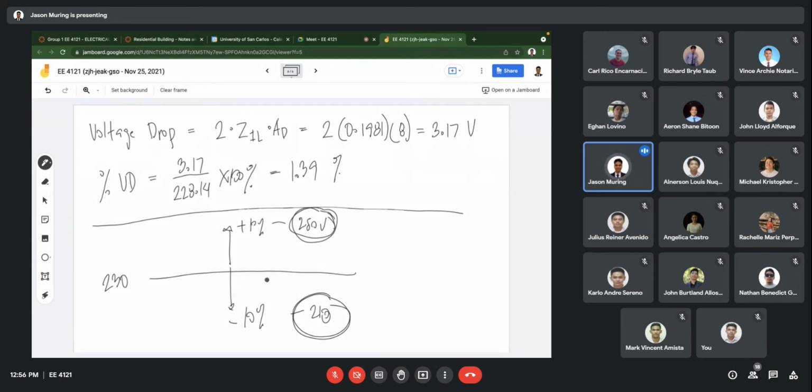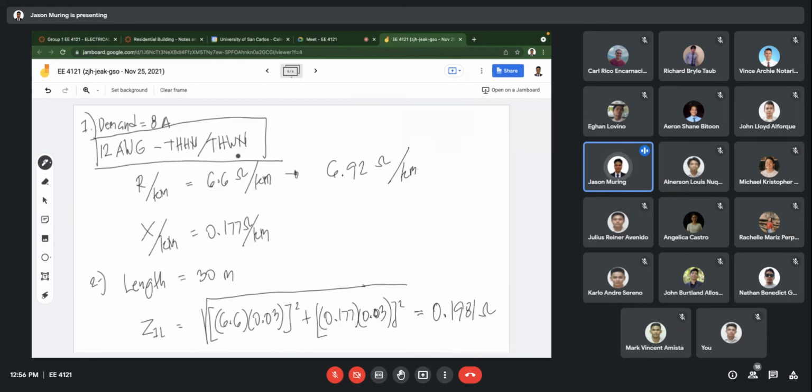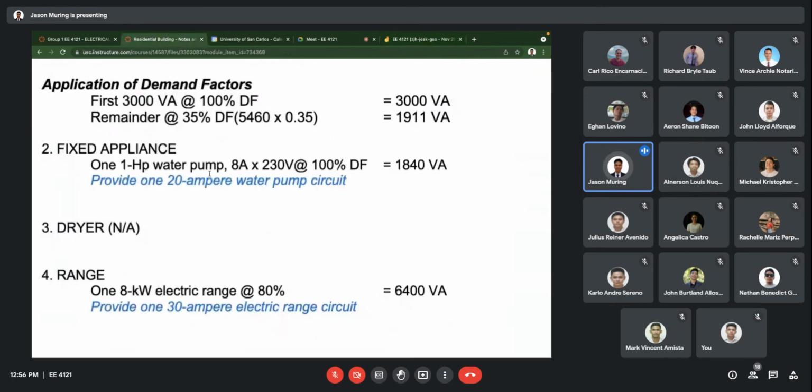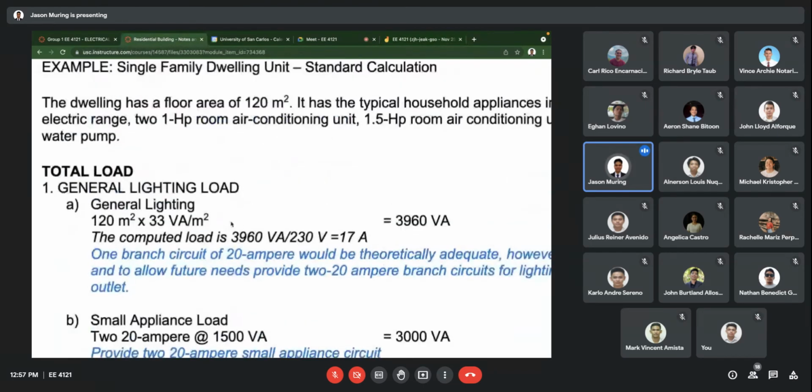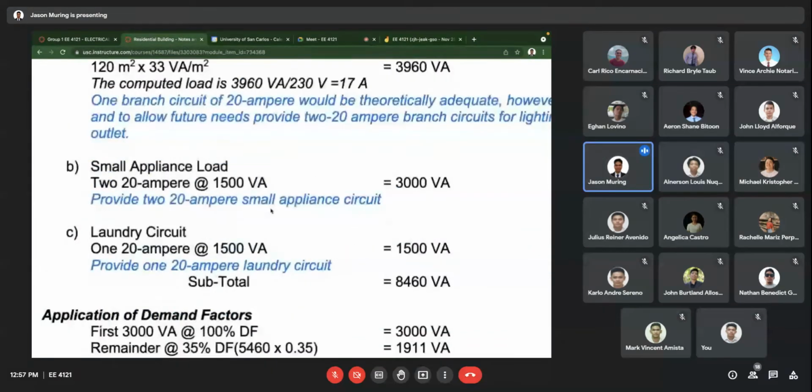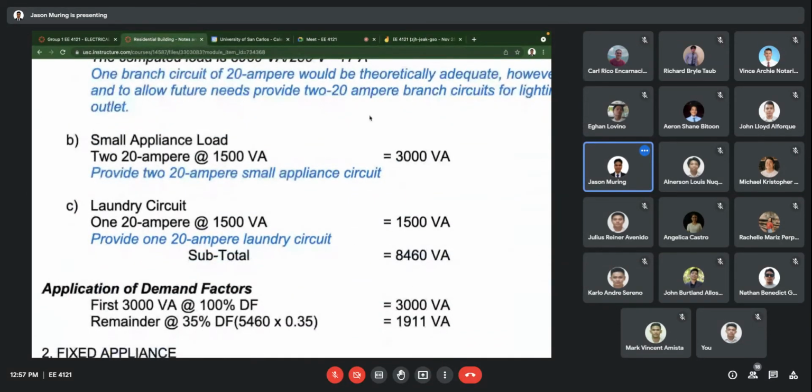But anyway, since we already have applied some adjustment factor for the conductor, we deem that even if the voltage dropped to 210, so within 10%, those circuit requirements that we were able to identify in this design should still be enough to cater that much voltage drop.